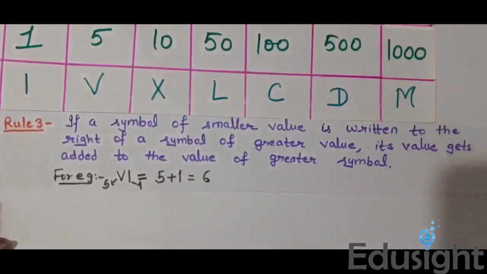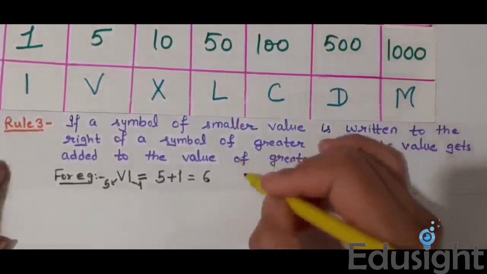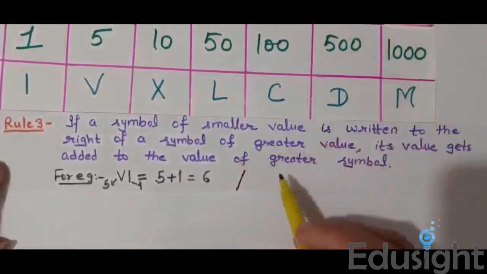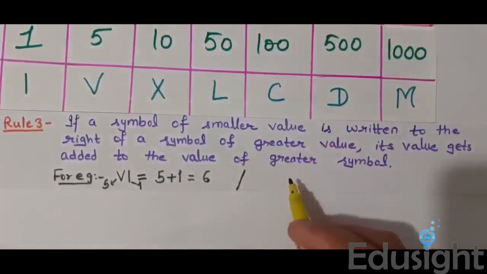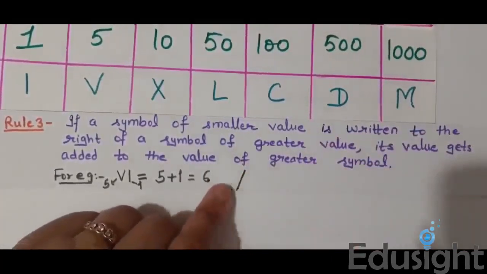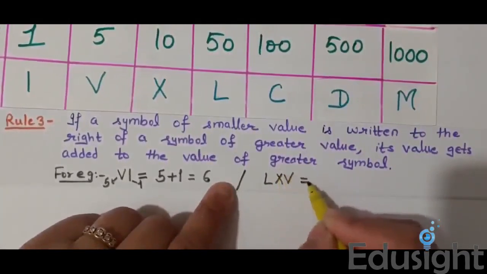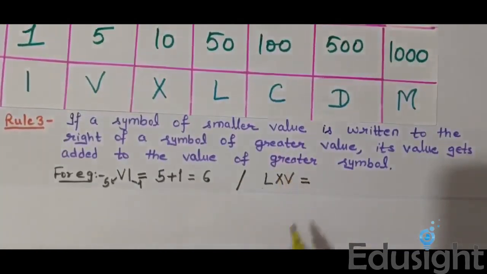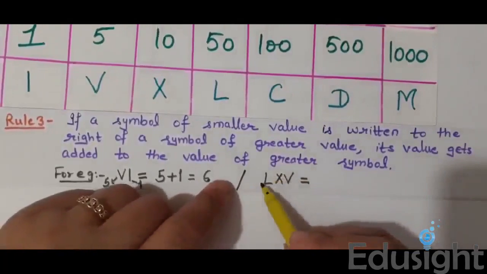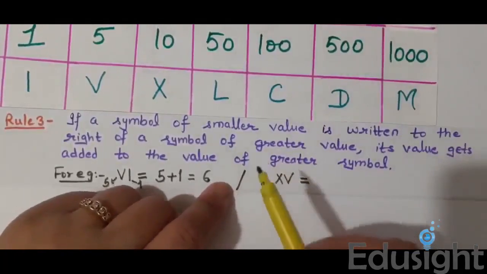Understood? Take one more example. Suppose you have LXV. Okay, now we have taken 3 fixed symbols and we will find out the corresponding number for this Roman numeral. L is for which number? L is for 50. Right?